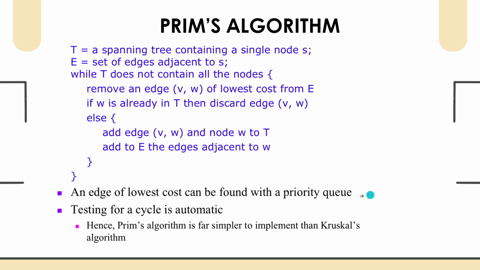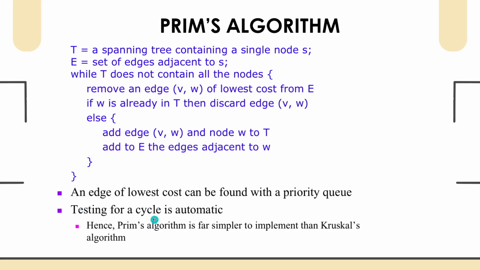As you know, in a priority queue, whenever we do the delete min operation, it always returns the minimal element from the data structure, right. So, we can have a priority queue implementation to find the edge with the least cost. And here we always need to check whether we end up with a cycle, because as you know, we are building a tree, and in a tree you are not supposed to have any cycles, right.